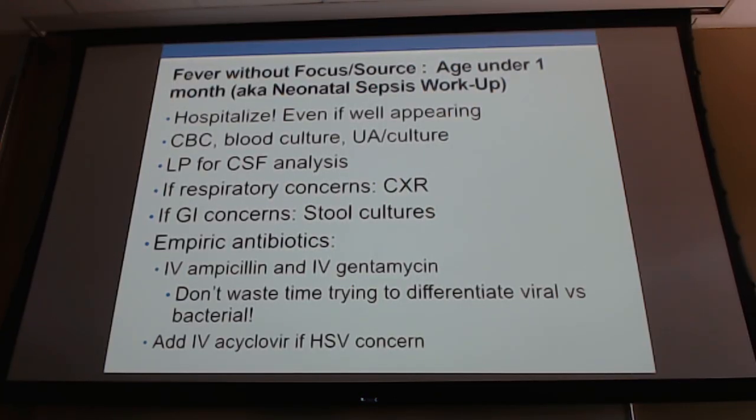If there are GI concerns outside of the fever, they have diarrhea, they have blood in stool, they have something else, then you start adding stool cultures and stool studies. Not automatic. The only automatic things are places where there's fluid, where you get a sample of the fluid and a blood. Okay? Your empiric antibiotics. Highlight this one, star this one. IV ampicillin and gentamicin. So that should be, again, a review from block 1, that's amp and gent.